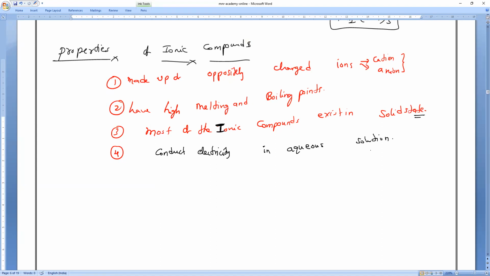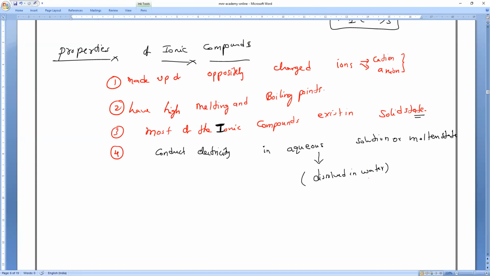Only they will conduct electricity when they are in aqueous solution, or in molten state. Means they have been melted directly or dissolved in what? I already taught you, aqueous state means dissolved in what? Water. Understood? Most of them are soluble in water.